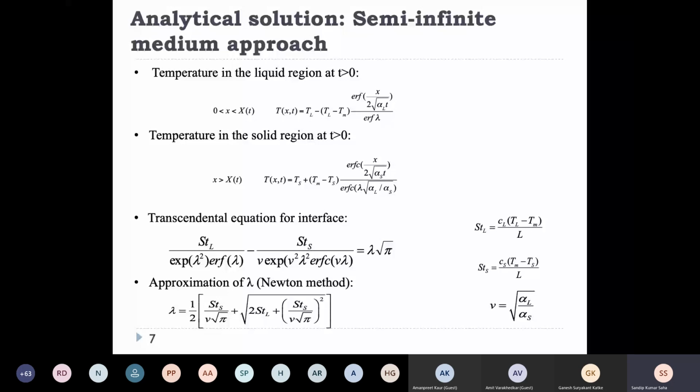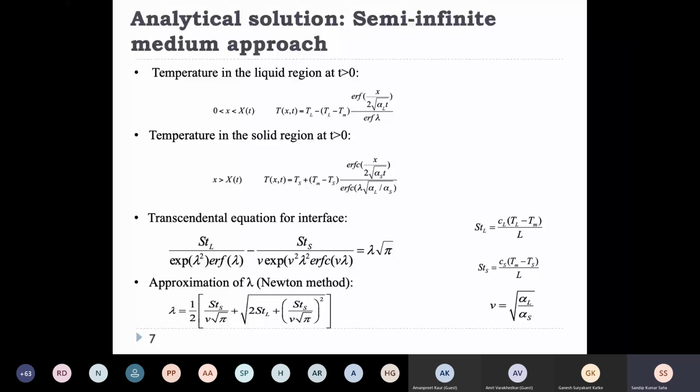Okay. Now, moving grid means at what speed it will move. It will move at the speed of the melt front movement. So every time you have to do a lot of bookkeeping to store the information of the grid.